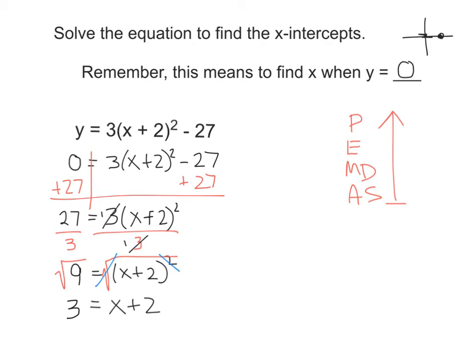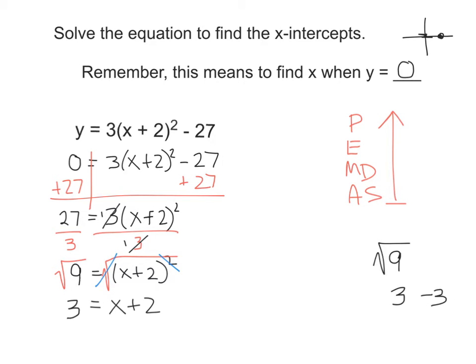But we have to remember that there's actually one more answer. And what I mean by that is if you think about the question, what number when multiplied by itself equals 9, most of us would say 3. But there's another option, and that is negative 3.